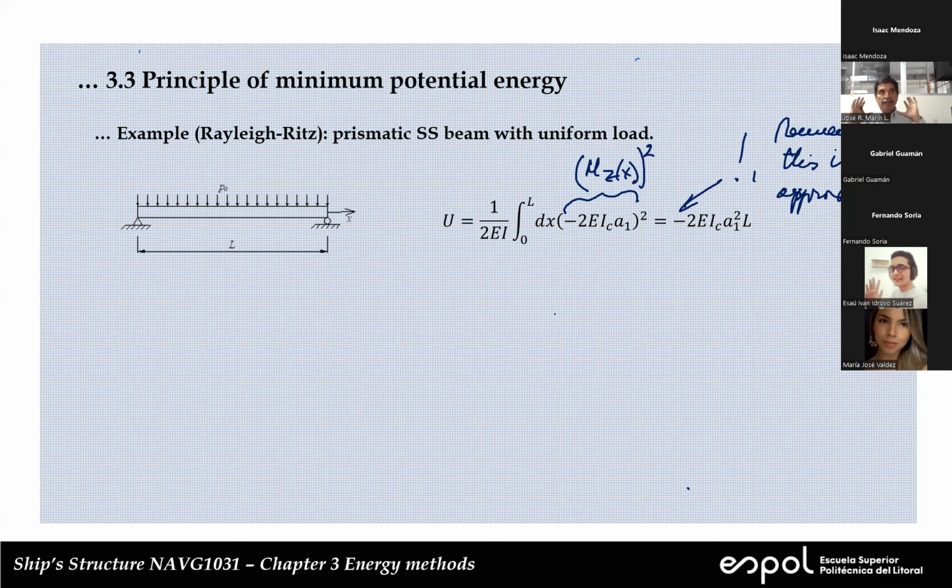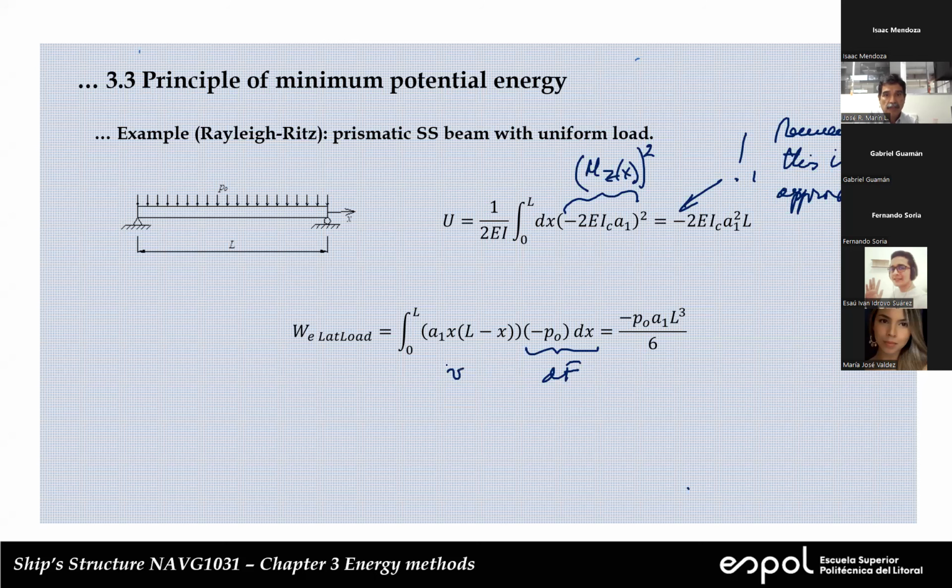Now we have U. We have to go now to the potential work. So the potential work is equal to the integration of V P dx. Okay. And this is just an approximation. That's it.